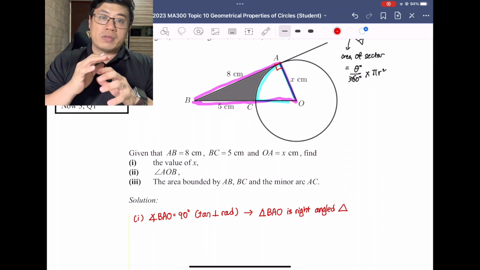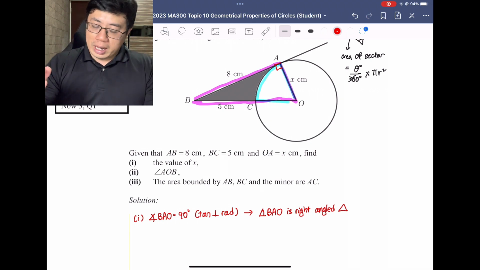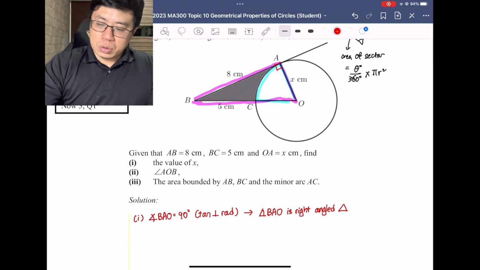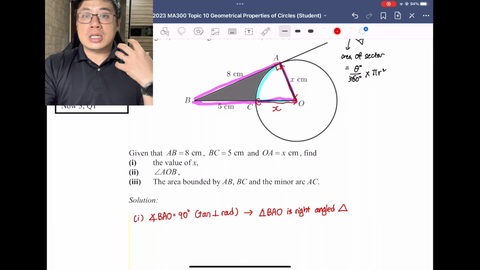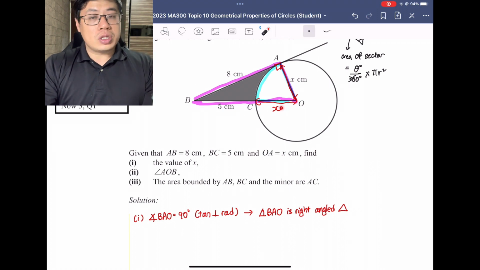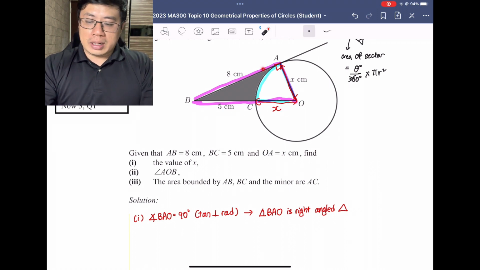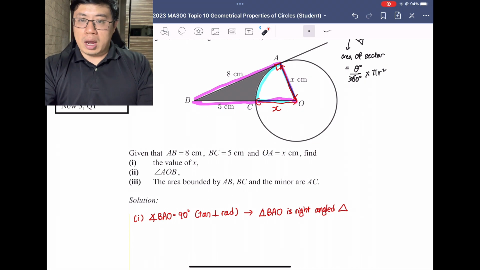Then with that, if we want to find X, we can use Pythagoras here. Note that when OA is equal to X, OC is also equal to X, because OC is also the radius. Using Pythagoras theorem, BA squared plus OA squared is equal to OB squared.